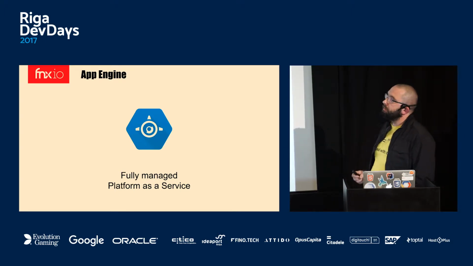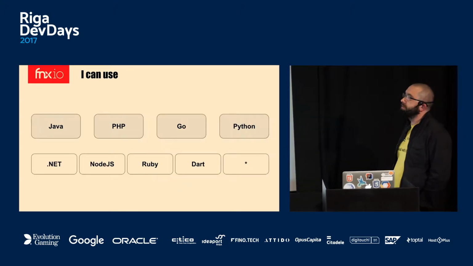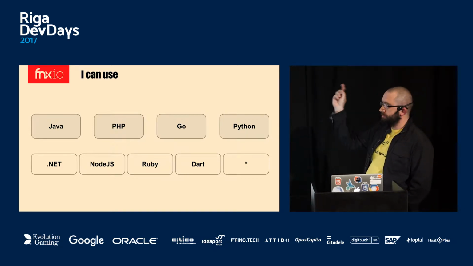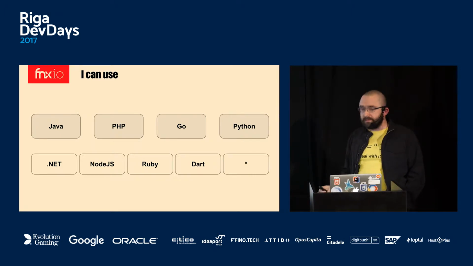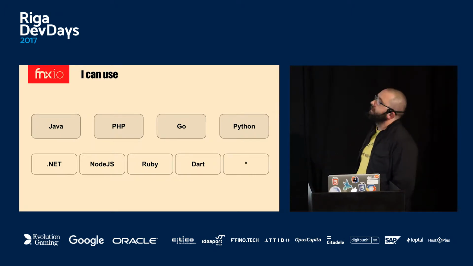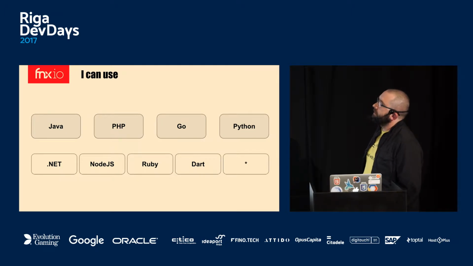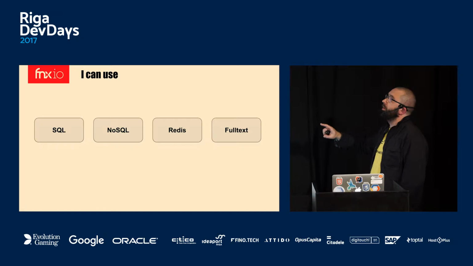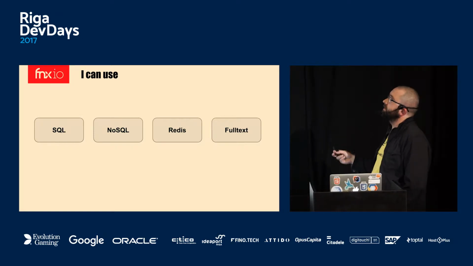So what can I use in AppEngine? Java, PHP, Go, Python, .NET, Node.js, and so on. I can literally use anything. I can obviously store my data somewhere, so I have a SQL database, NoSQL database, and some kind of in-memory database for caching.